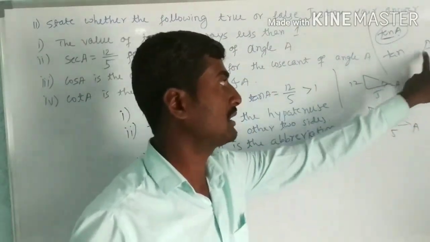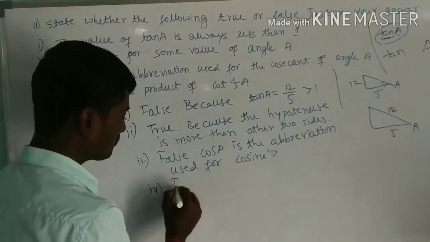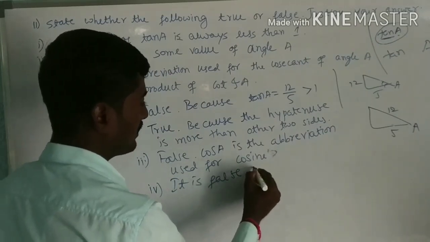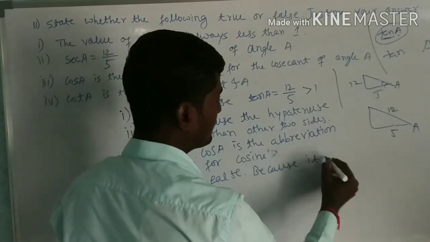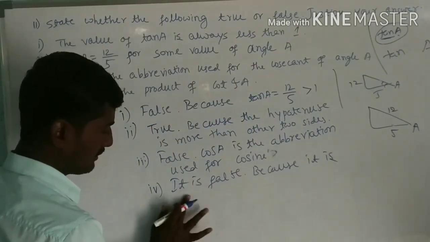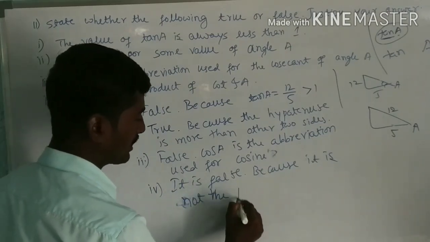It may not be the product of these two. So that it is false. It is false because it is not the product.